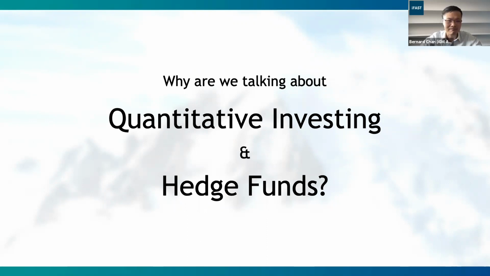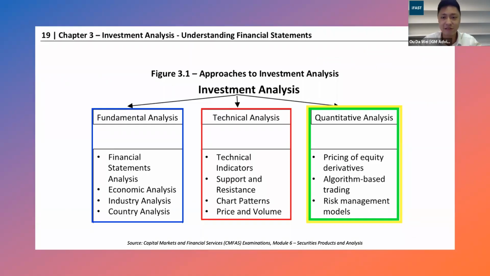Thanks, Dawei. Thanks, Bernard. Maybe let me add on as well. Why are we talking about different styles? Why are we talking about quantitative investing as an alternative or different form of investing? Let me bring this up here for the good of everyone's understanding.